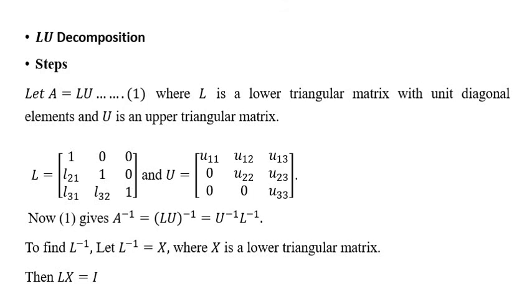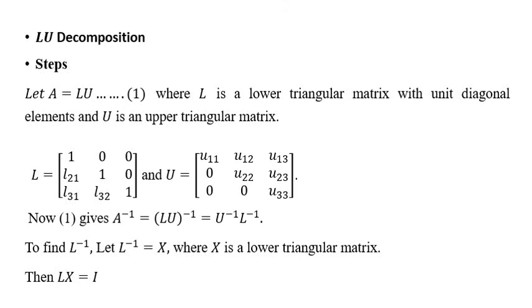Now, equation 1 gives A inverse equal to (LU) inverse. Since A equal to LU, its inverse is (LU) inverse, which is equal to U inverse into L inverse.